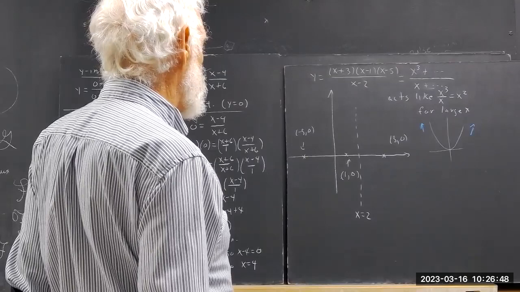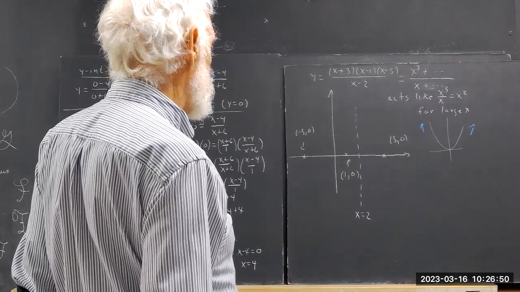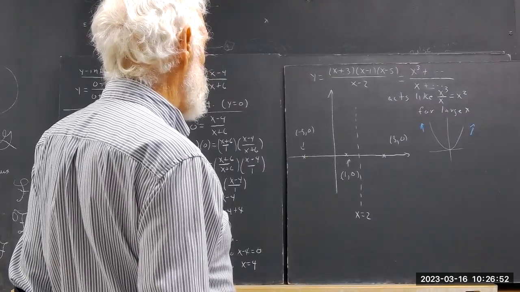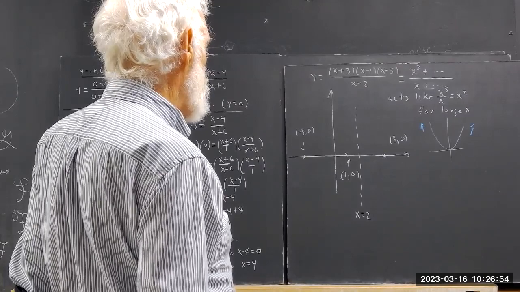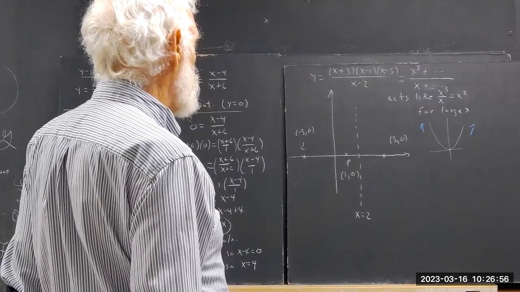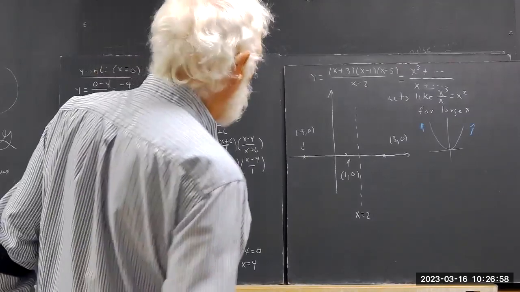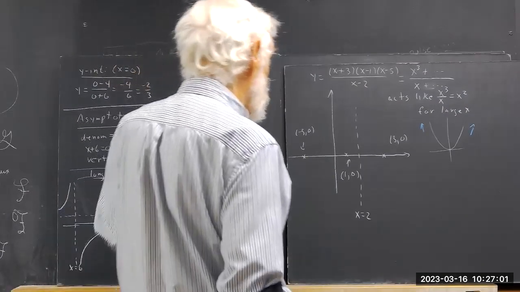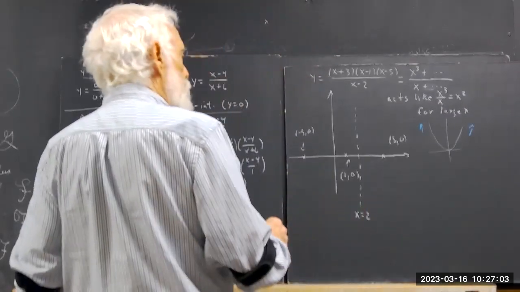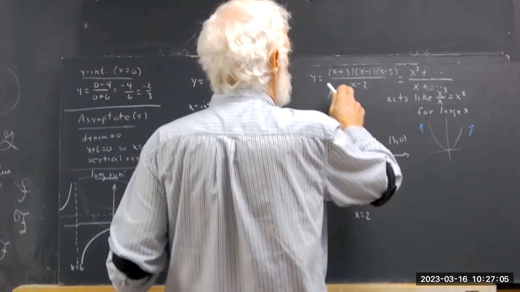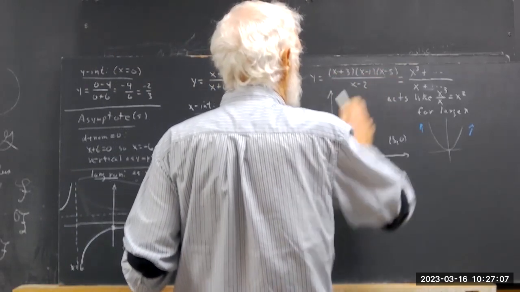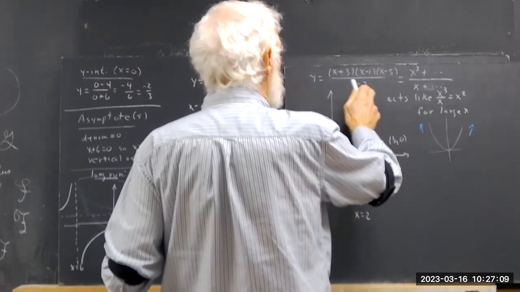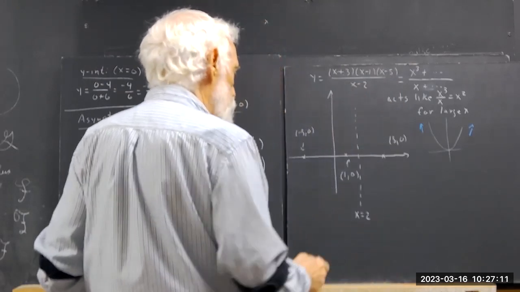And that means that there's something wrong with what I did here. And I don't see what it is. There's a y-intercept. Oh, never mind, yeah. I just looked at the numerator. Forget what I did. The y-intercept, let x equals 0. You get 3 times -1 times 5, which is 15, divided by -2, which is -7/2.